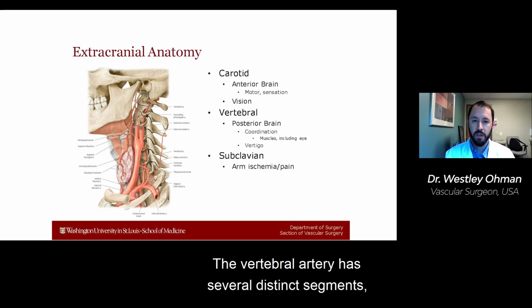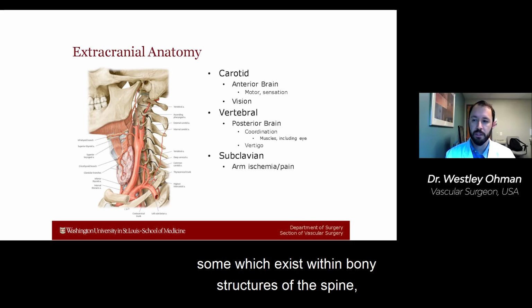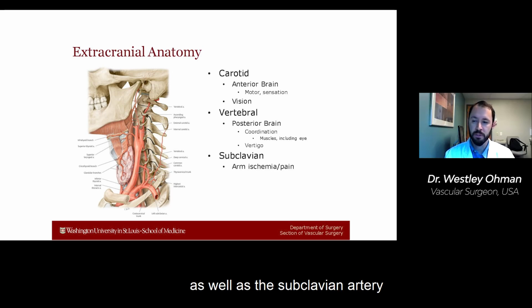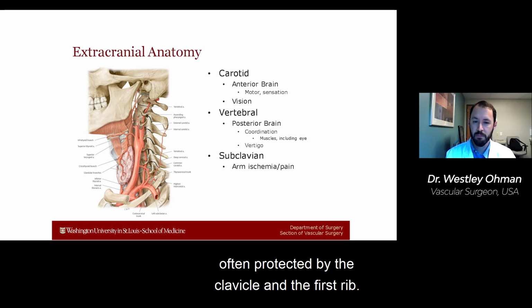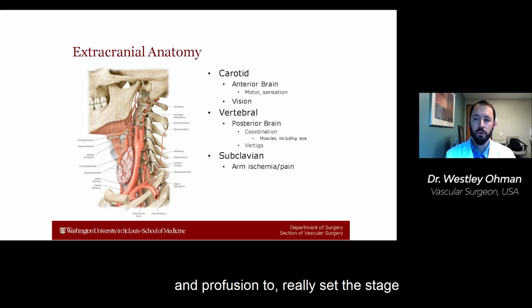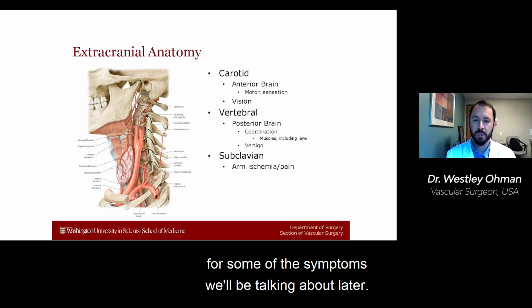The vertebral artery has several distinct segments, some which exist within bony structures of the spine and the skull, and some that exist outside, as well as the subclavian artery, which exists deep in the base of the neck, often protected by the clavicle and the first rib. And the area that the arteries provide blood flow to and perfusion to really set the stage for some of the symptoms we'll be talking about later.